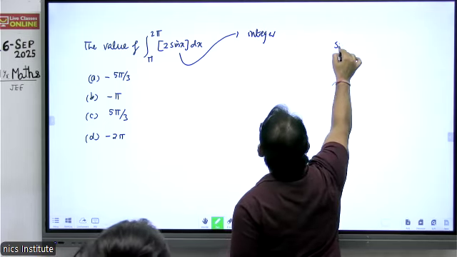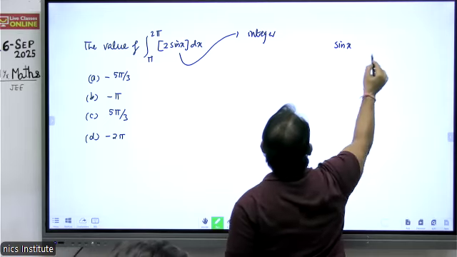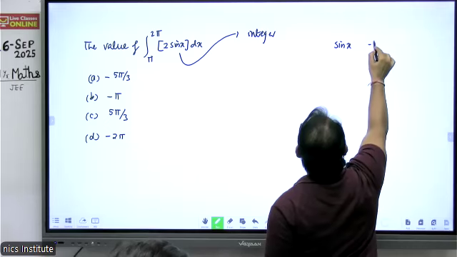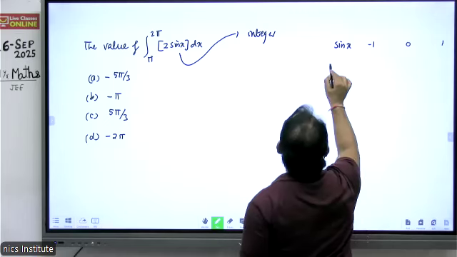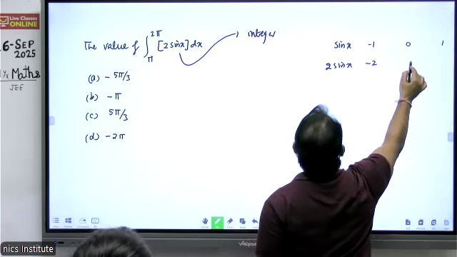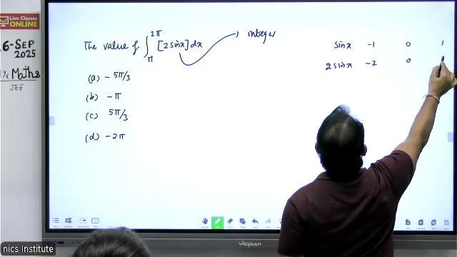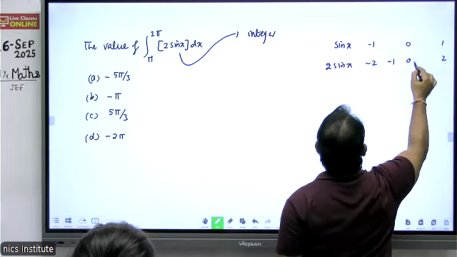So जरा देखो, sin x values are between -1, 0 and 1. What about 2 sin x? It would be -2, 0 and 2. So between -2 and 0 you have -1. Between 2 and 0 you have 1.